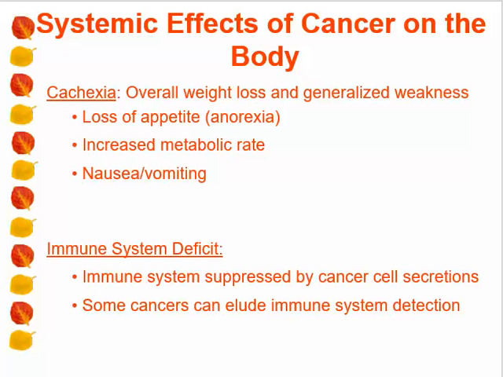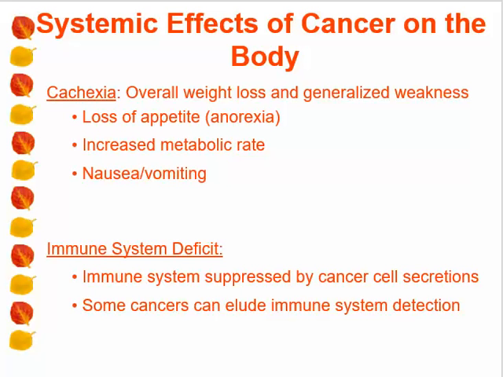You see that wasting away. And it happens because of a loss of appetite and an increased metabolic rate. And oftentimes a lot of vomiting, especially if they've been having the treatment; chemotherapy and radiation will cause that. So there'll be this generalized weakness and weight loss.